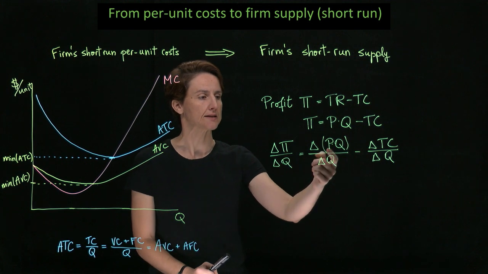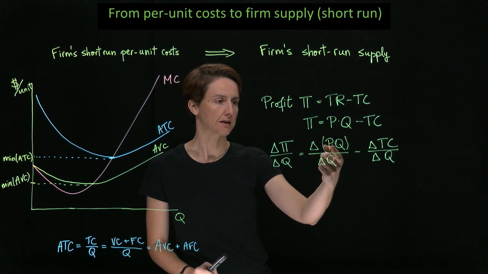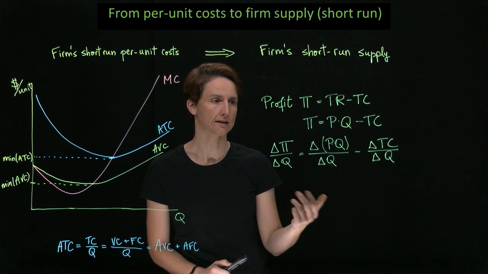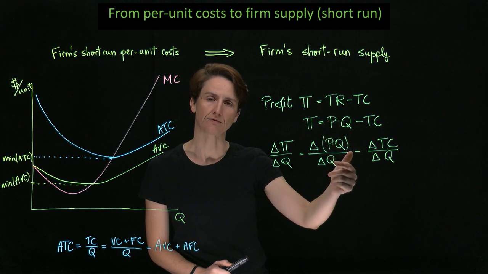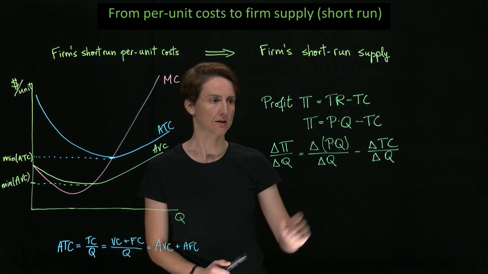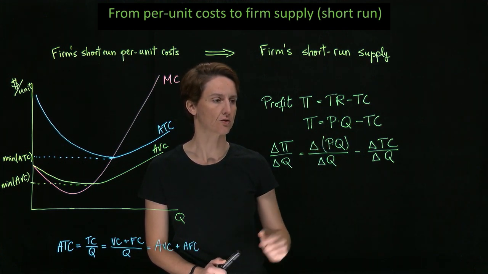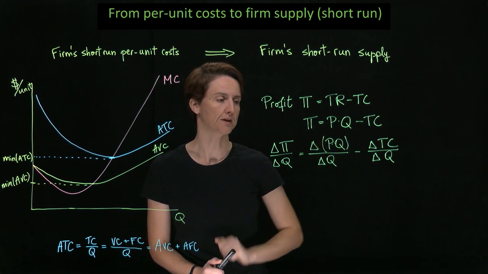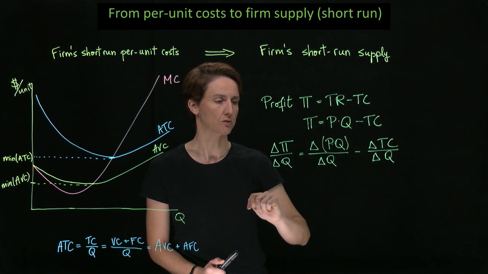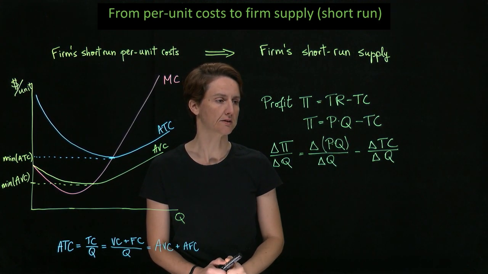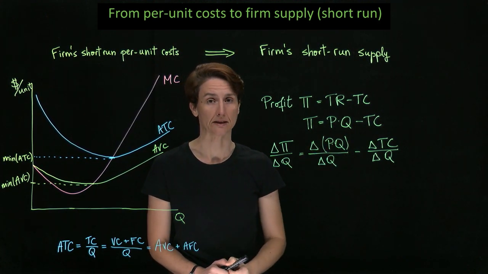Essentially, what that means is that price, P, at which the firm is able to sell its output, is not going to be affected by how much it sells. So if P is a constant within this ratio, then it will simply be something we can move outside of the change operator. So this will simply equal P.